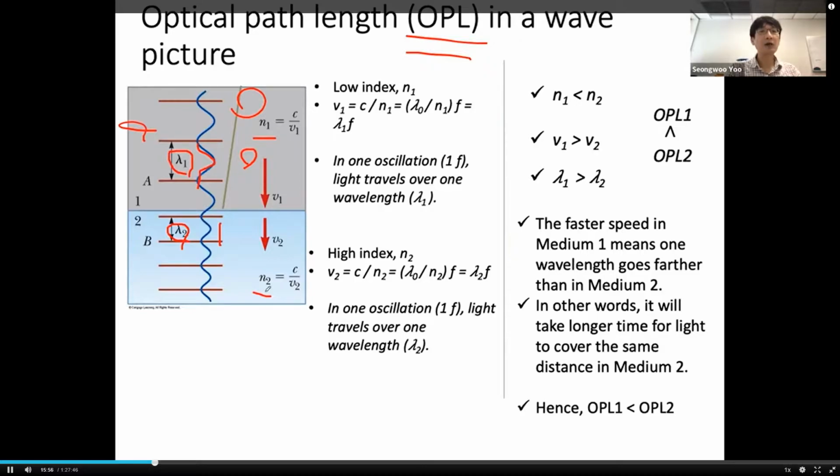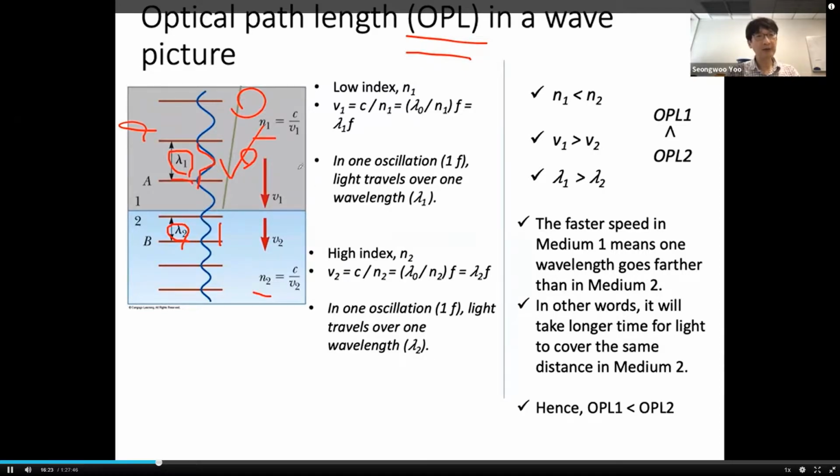So our traveling distance over the same amount of time is longer in the upper medium because it travels faster. So in one oscillation, it can cover longer wavelength, or longer distance. And then this is now explained in terms of the wavelength, all right?